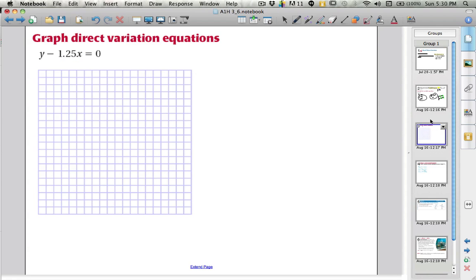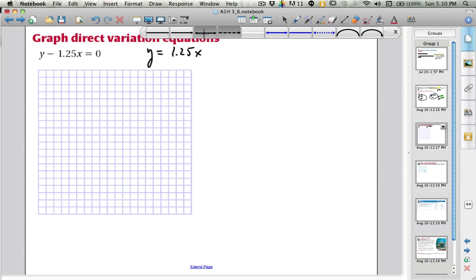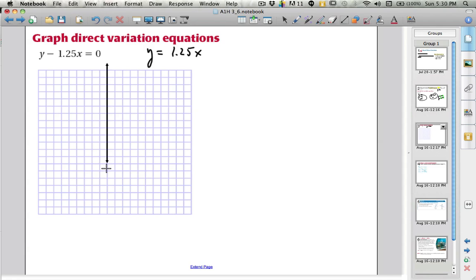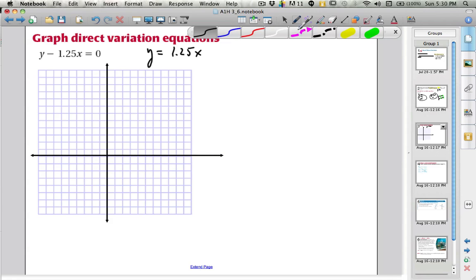If we want to graph direct variation equations, the first thing I'm going to do is put it into the standard form by adding 1.25x to either side. Graphing is pretty straightforward. I can do it just like graphing in slope-intercept form. I know my y-intercept is at 0, and I know this is my slope.